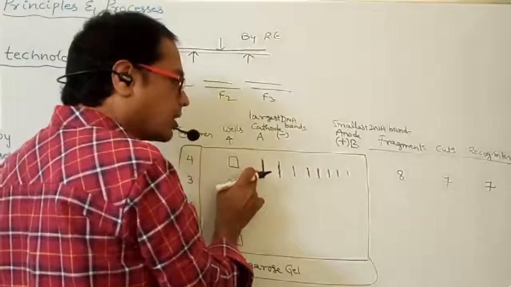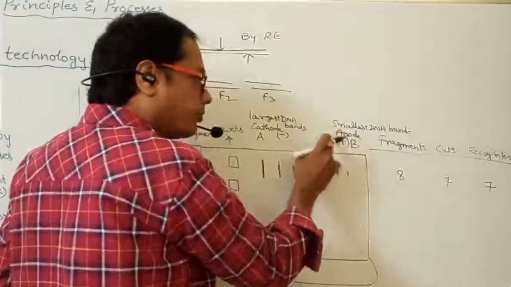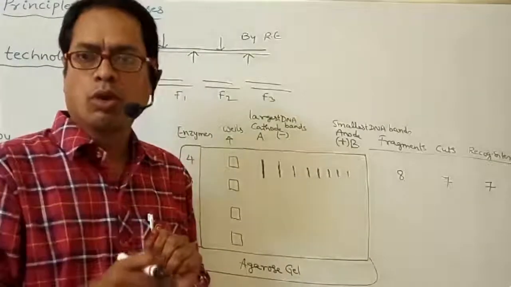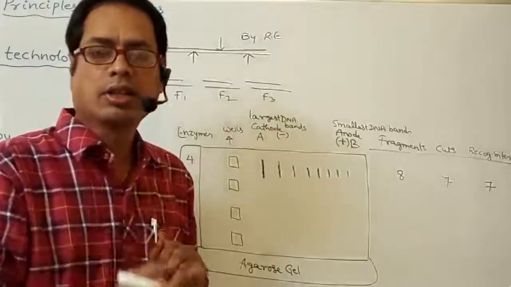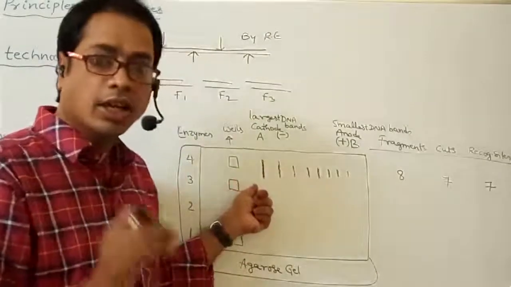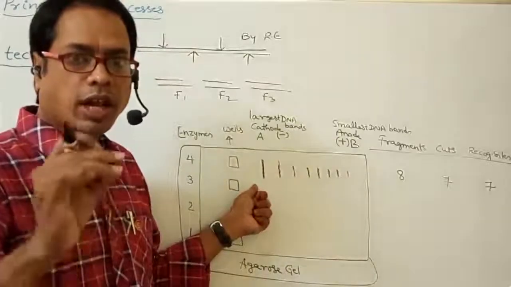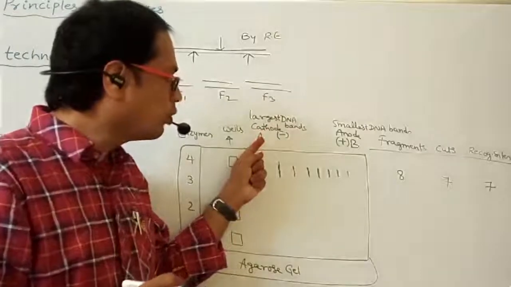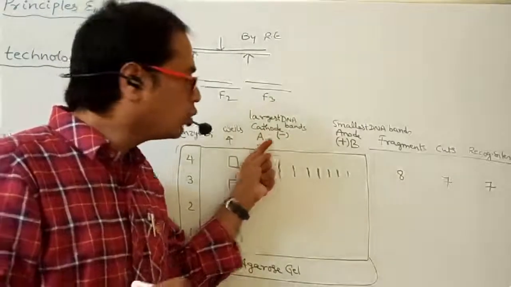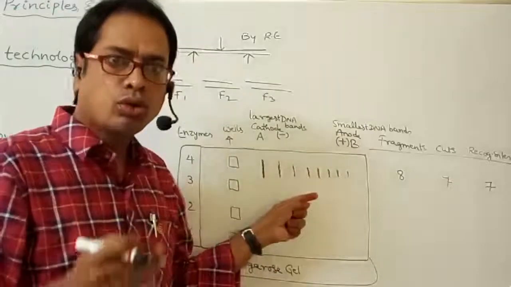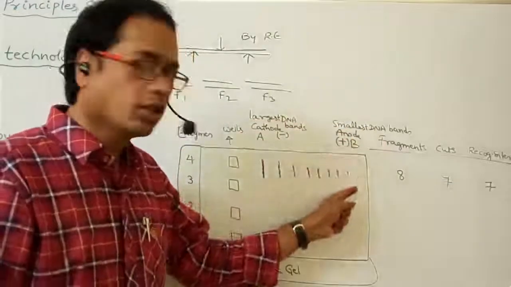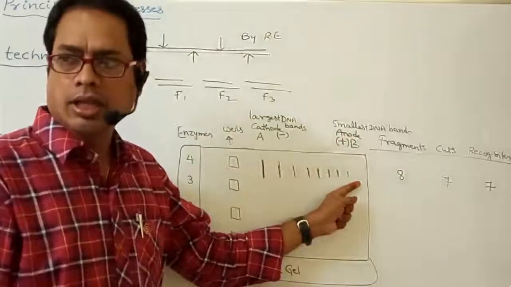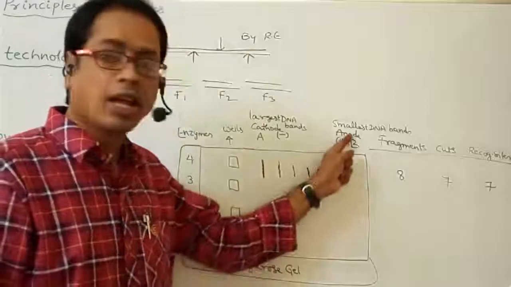That's why the DNA bands move from cathode to anode, towards the positive charge.